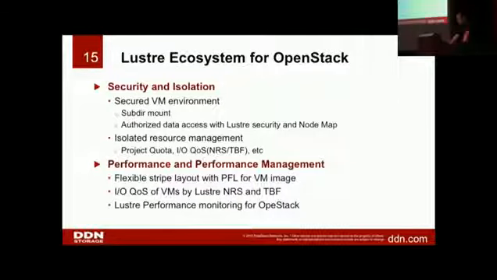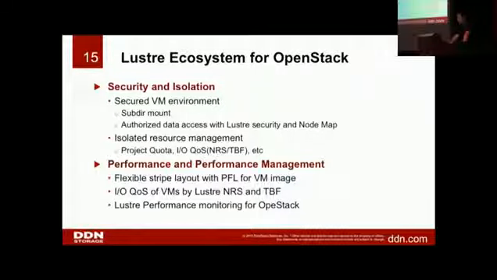Then also we can isolate resource management for each directory, each job, on each client. For example, with project quota, we can manage accounting at the directory level, so we can manage the size of each VM by project quota.